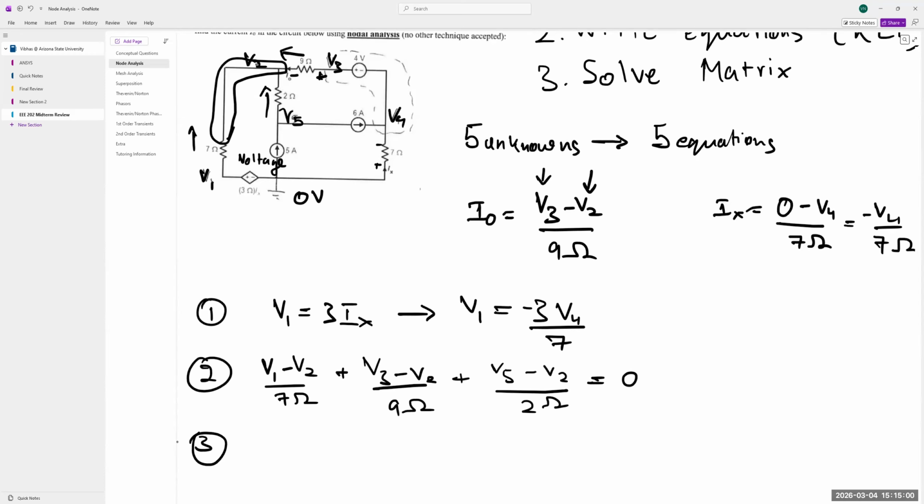The third equation is going to be centered around V3. Now notice that between V3 and V4, we have a voltage source. The difference between this voltage source and the one we had for V1 is that this is a dependent source, and this is an independent source.